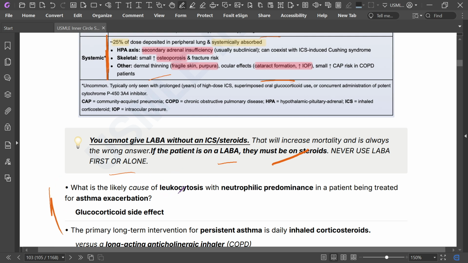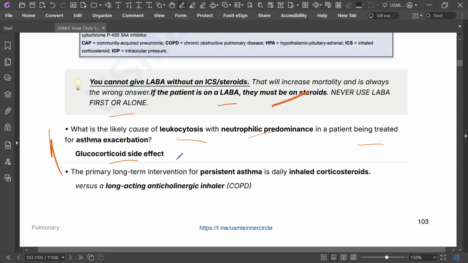If somebody has leukocytosis with neutrophilic predominance while being treated for an asthma exacerbation, this is a glucocorticoid side effect.